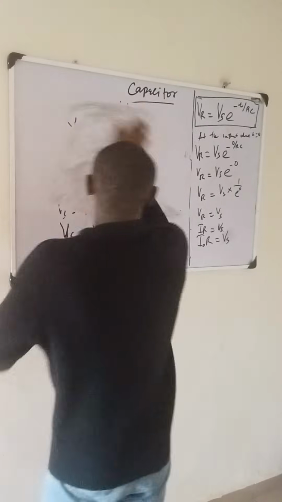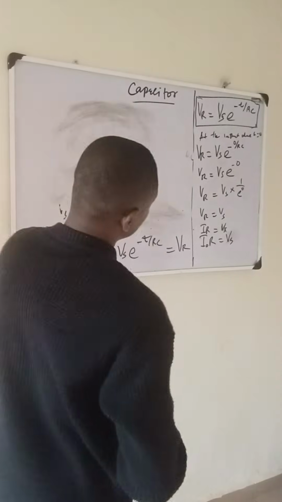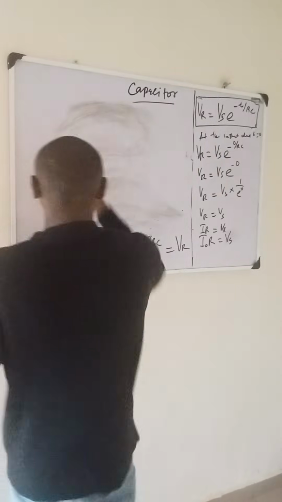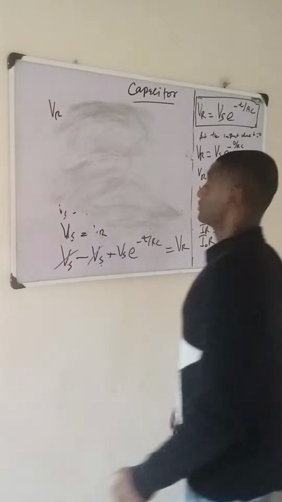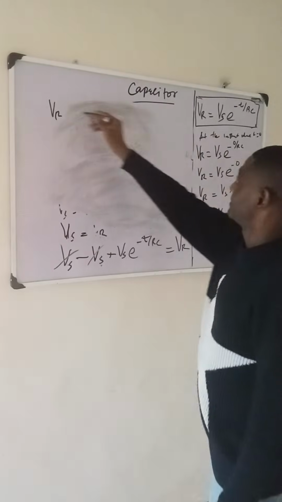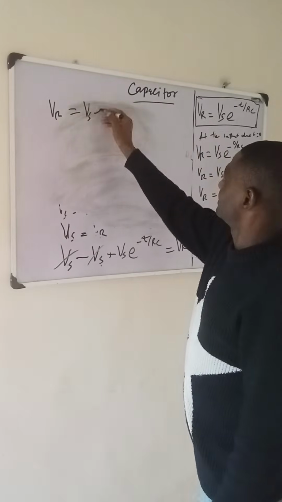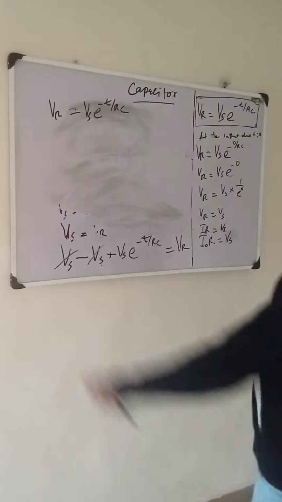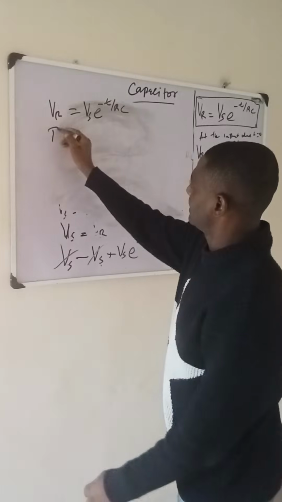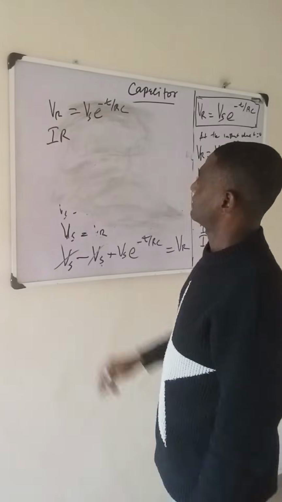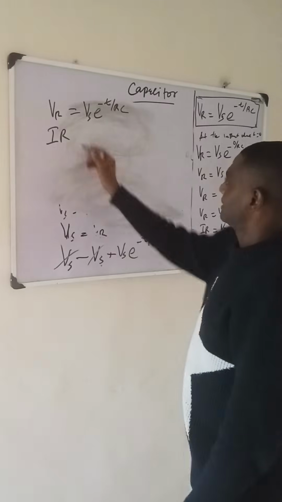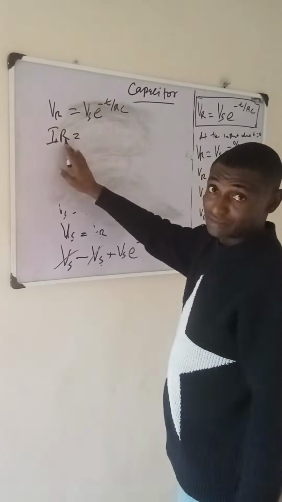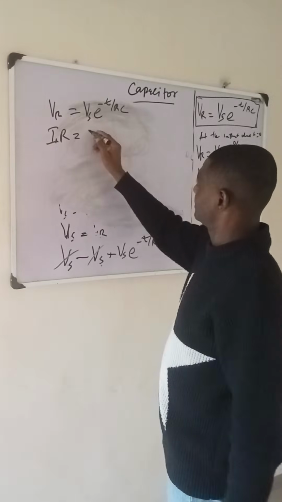If we understand the principle here, that VR, the voltage across the resistor, is the same thing as saying Vs e raised to the power minus t all over RC. But this VR is the same thing as saying IR, and this IR can be the current across the resistor multiplied by the main resistor here in the circuit.